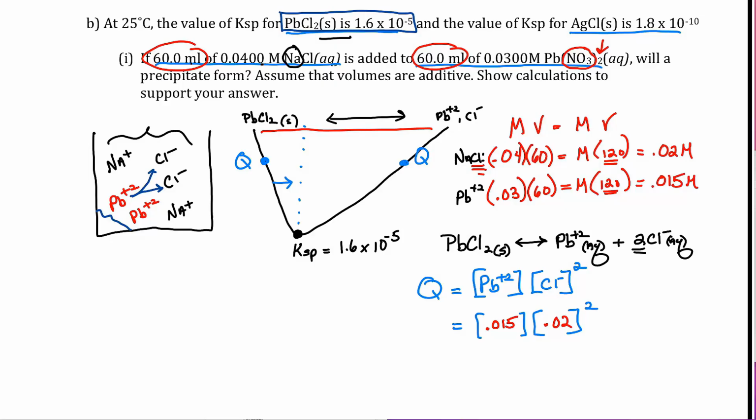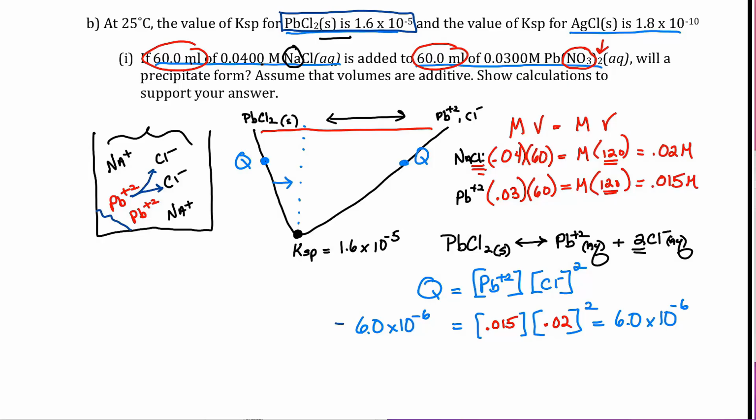So when I multiply that together, I get my Q value, which is my reaction quotient, to be 6.0 times 10 to the negative 6. So if Q is equal to, I guess I should write it over here, 6.0 times 10 to the negative 6, what do we have here, party people?